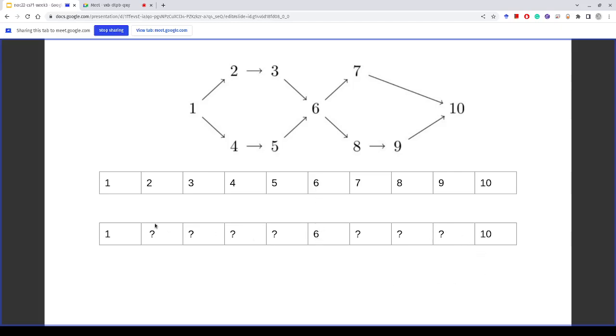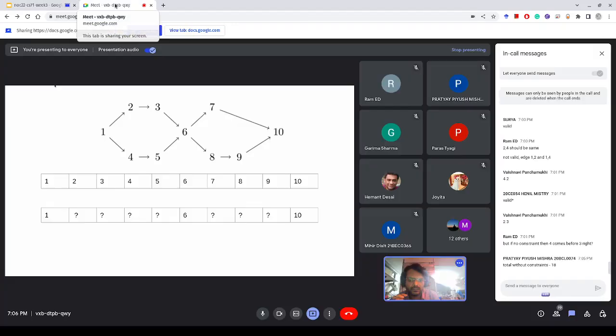Now you have 4 positions here, 2, 3, 4, 5, and you can change these positions, and 7, 8, 9 you can change these positions. So first what I want you to do is tell me how many ways can you permute these 2, 3, 4, 5 such that the topological order will be valid.